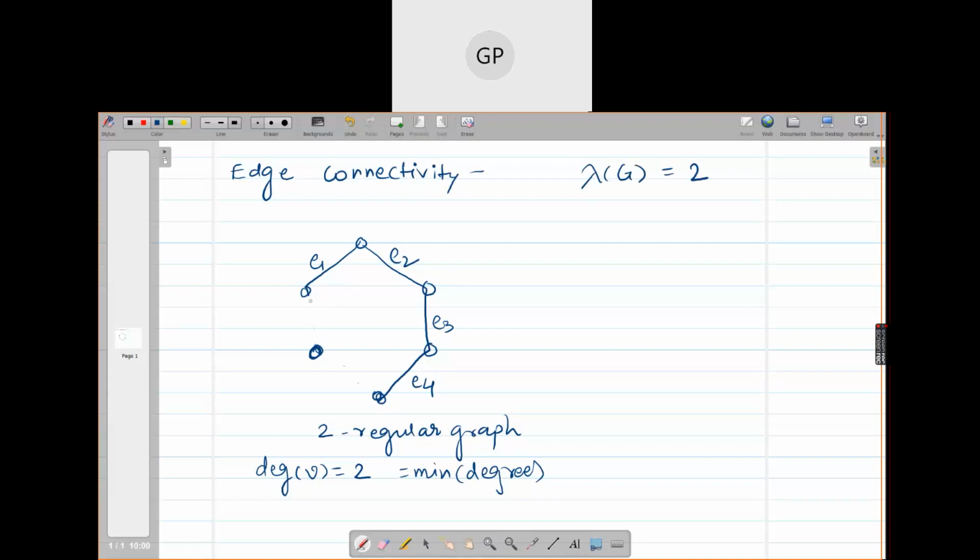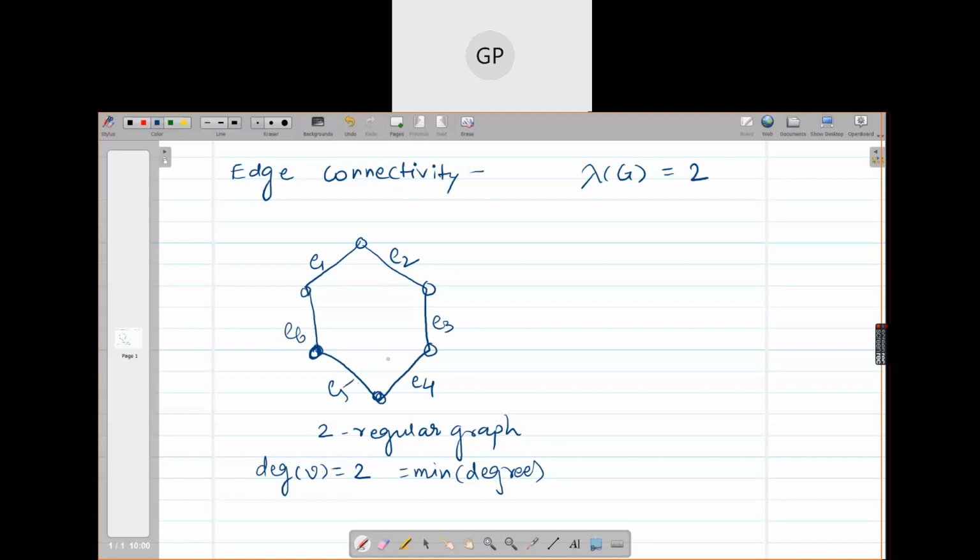So it is not necessary that every graph will have a bridge. If the graph is a circuit graph like this, then there is no bridge, because every edge is part of some circuit. This is the characterization theorem: an edge is not a bridge if and only if it is part of some cycle. Here every edge, E2, E3, E4, E5, E6, is part of this circuit, and therefore no edge is a bridge.